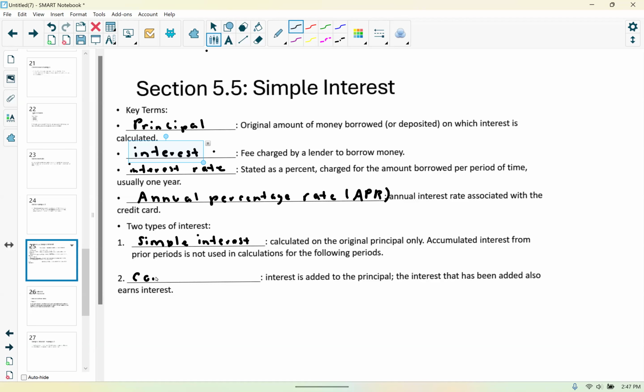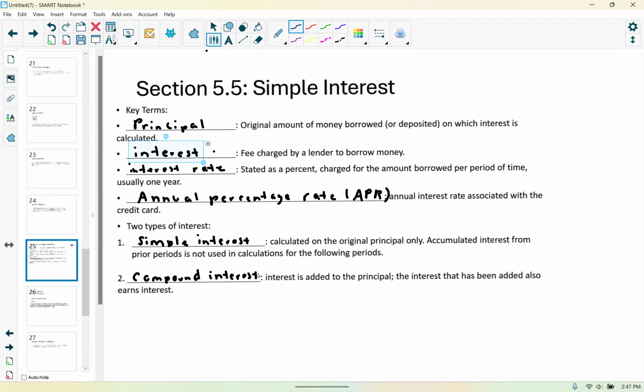Compound interest means interest is added to the principal, and then the interest that has been added also earns interest. Okay, so this is good if it's somewhere like a 401k or a bank account or a CD where you're getting more and more money.